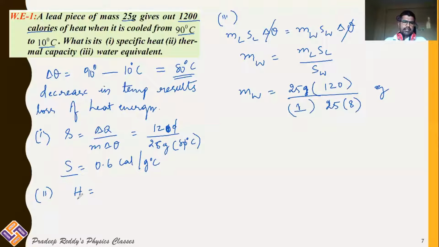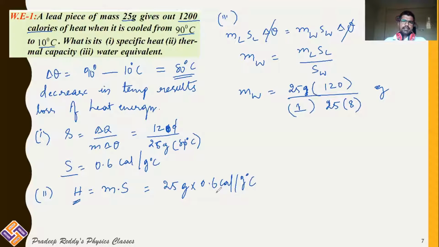Student, small correction here. H is heat capacity. Here it is mentioned thermal capacity. I thought it's calorific value. H is heat capacity. Heat capacity is equal to mass of the substance into specific heat. Mass of the substance is 25 gram into specific heat, 0.6 calorie per gram degree Celsius.